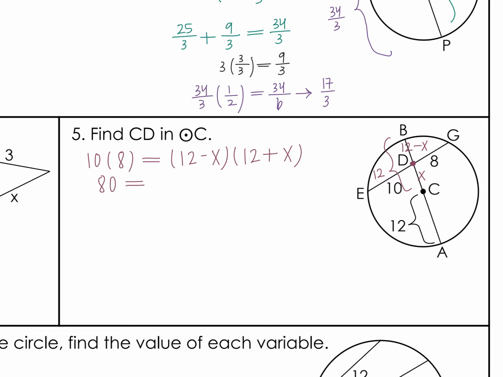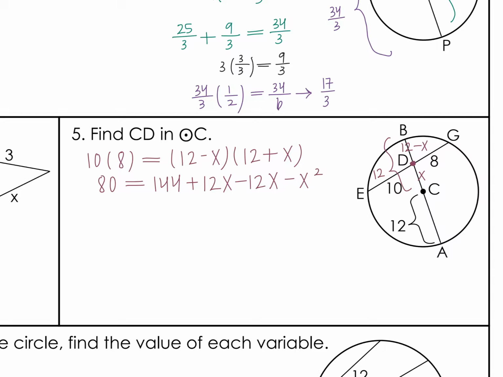And then on this side, we got 12 times 12, so 144. Then 12 times x, so plus 12x. And then we have our negative x times 12, so negative 12x. And then x times negative x gives me a negative x squared.